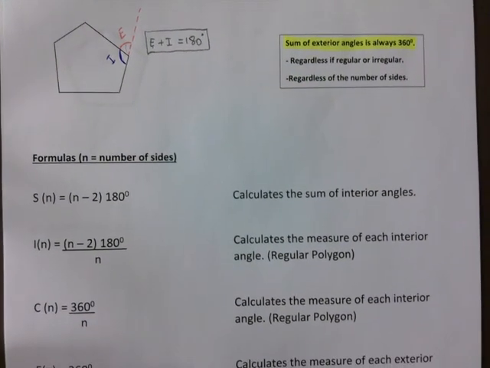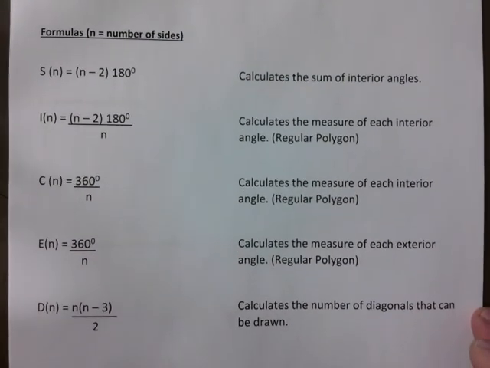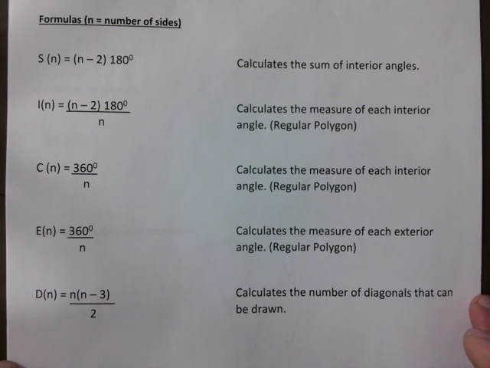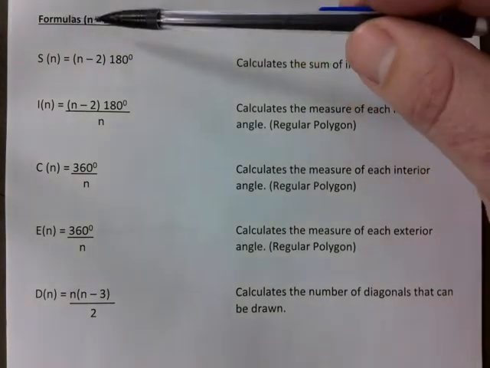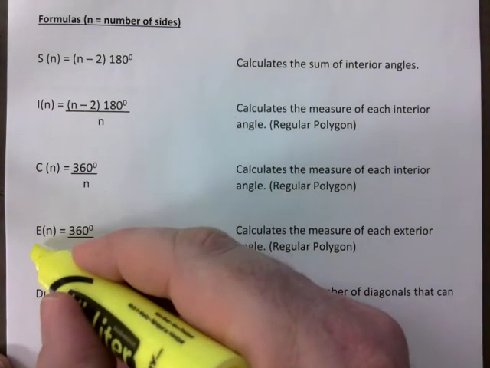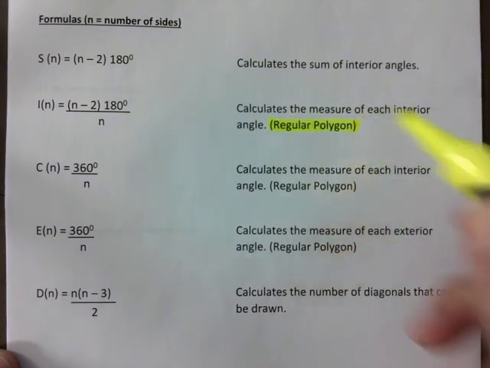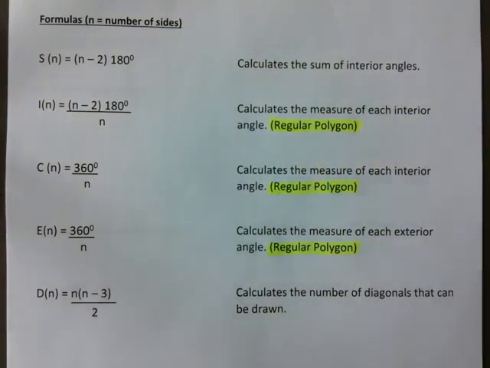These are the ones I gave you on Friday, and you're probably like, why did you make us copy the whole thing? I wasn't sure if I was going to make this, but I ended up making it. So here it is again, right? Formulas where n is the number of sides. The only thing I'm going to highlight here is that, and I did talk about it, those three, I, C, E, only work with regular polygons, okay?